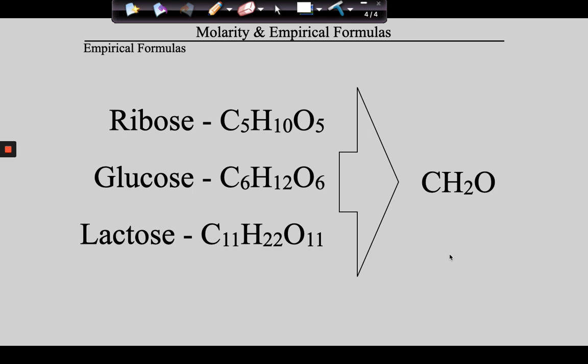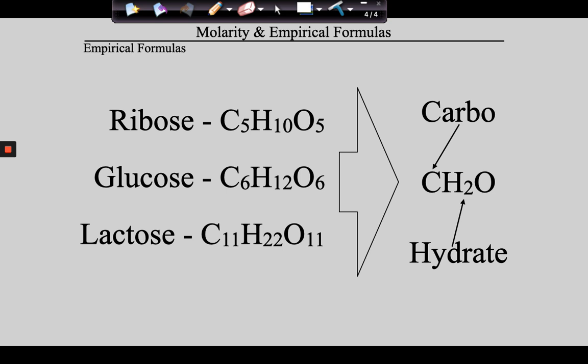Do you now understand empirical formulas? But now guys, check this out. Ready? All sugars are part of a larger class of biologic compounds. Guys, carbon is carbo. And what is H2O? Water, which is hydrate.